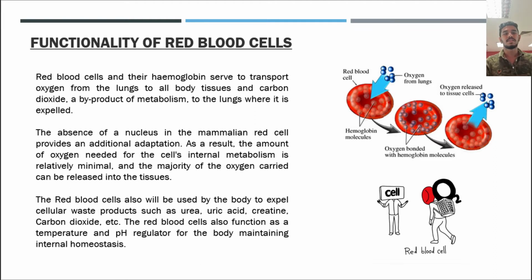Next, red blood cells are also used to expel cellular waste such as urea, uric acid, creatine, and carbon dioxide. Furthermore, they function as a temperature and pH regulator for the body, maintaining internal homeostasis, where it keeps the body temperature and pH regulated.